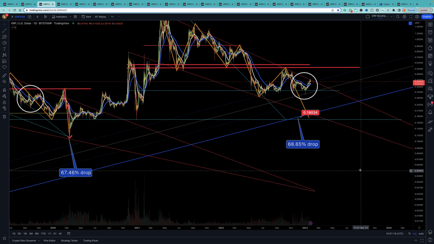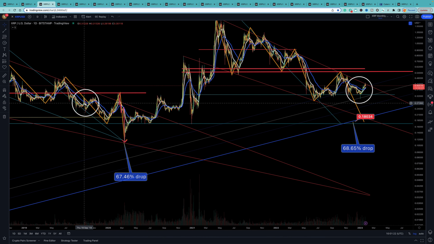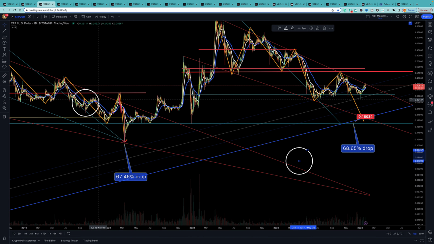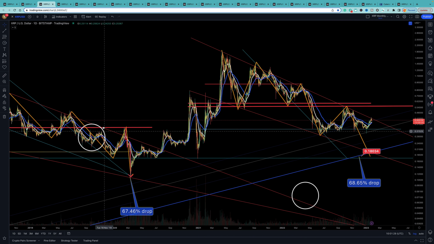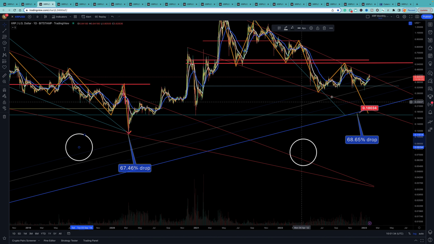But now, when you zoom in and you look at this pattern here, these guys are looking very, very similar. You've got the top here, you've got the drop here, you get a higher high here, you get a drop here, you get a lower low here, you get a lower low here, you get a lift up here, and then we get a spill down.